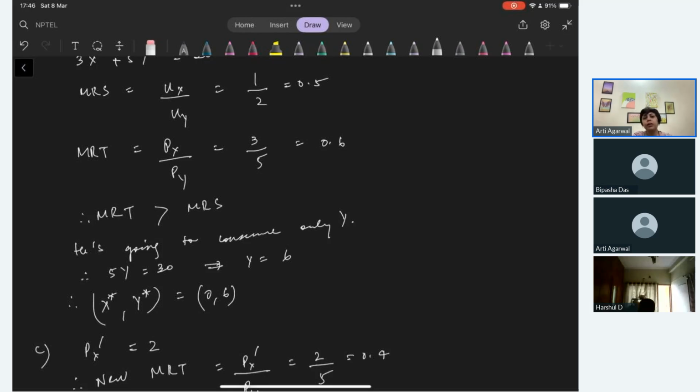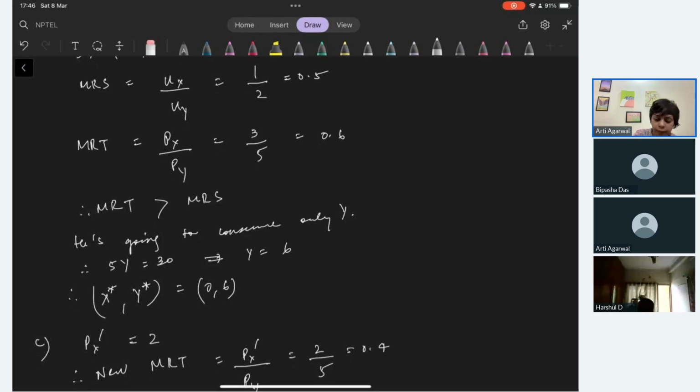We compared MRS, MRT. We found MRT to be higher, and therefore we interpreted that the consumer is going to consume only Y, no X, right? So if you put X equal to 0 and you solve the budget equation, you get Y is equal to 6. Initial consumption was X star, Y star equal to 0, 6.